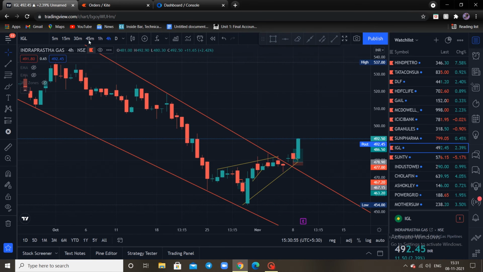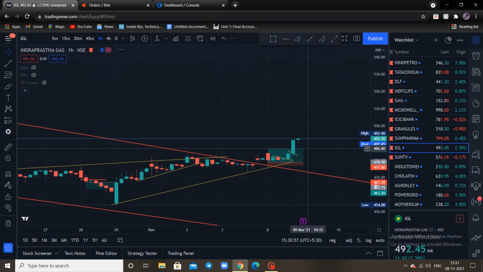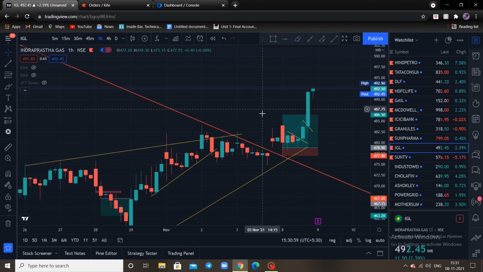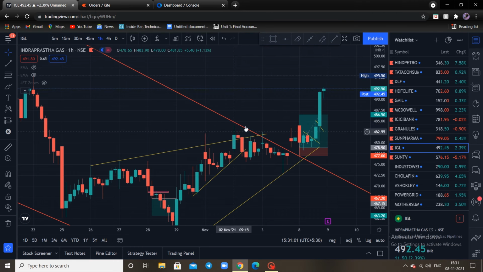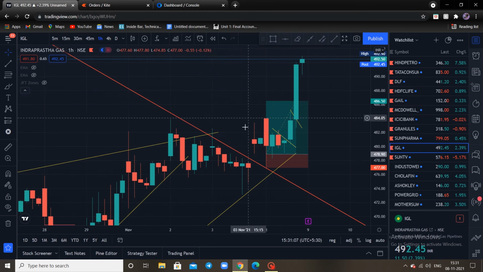So I just zoom it. It's now in 1 hour. We can clearly see it is tested, again tested, and finally it got broken at the Diwali Muhurat trading time.